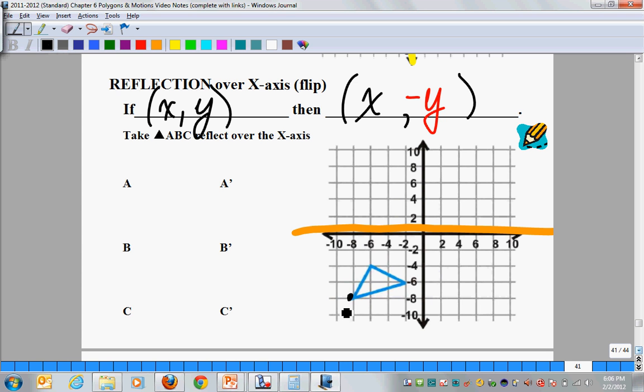Let's call this down here A, and that's going to be -8, -8. This is B here. That's going to be -6 and -4.